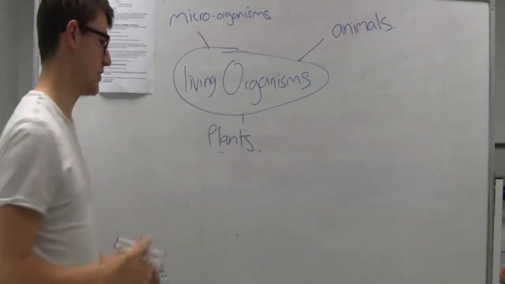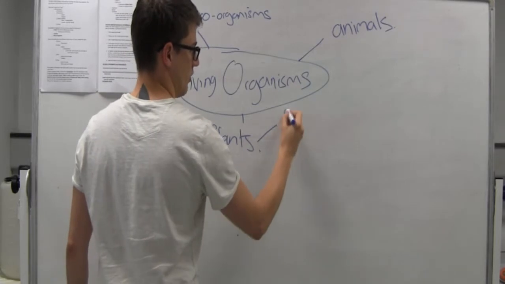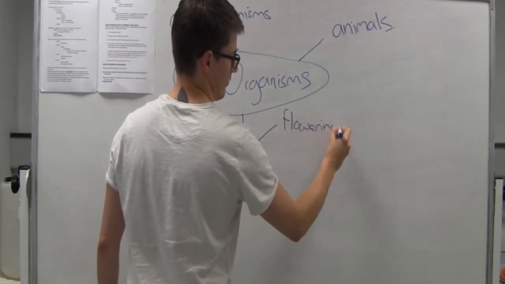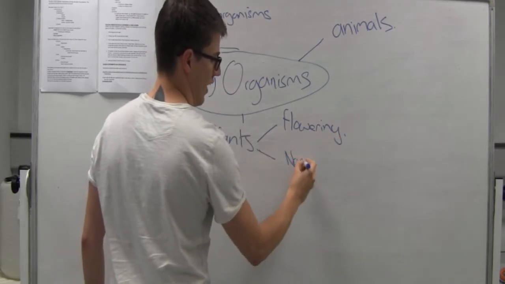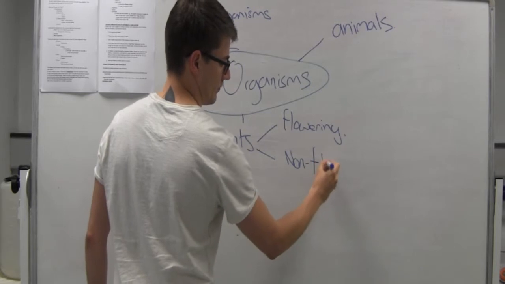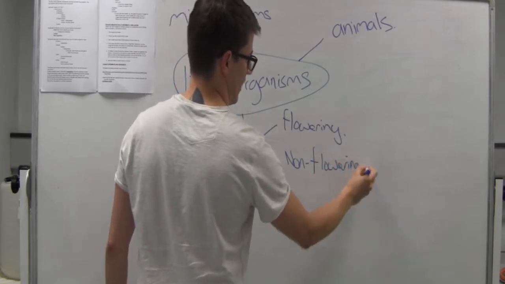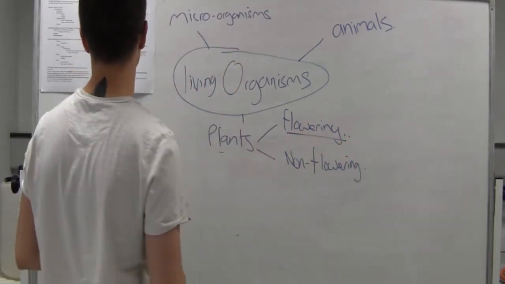Now with plants, it's important that the students know there are two types: flowering and non-flowering. And flowering are the focus of the lesson today.